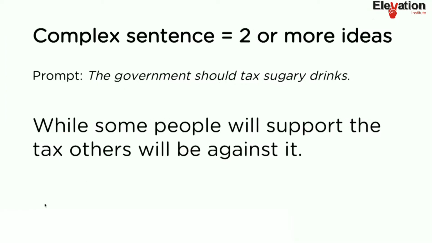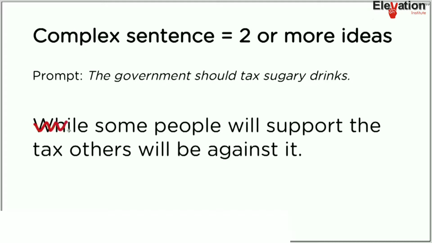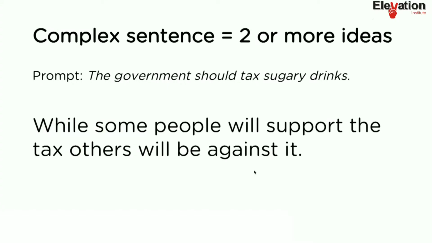Let's remove this and say it just said, some people will support the tax, full stop. Others will be against it. So here I've got 2 simple sentences, but if I use one of these subordinate clause words like while, I can create a complex sentence, okay? And these are the sentences that make you win in IELTS writing.